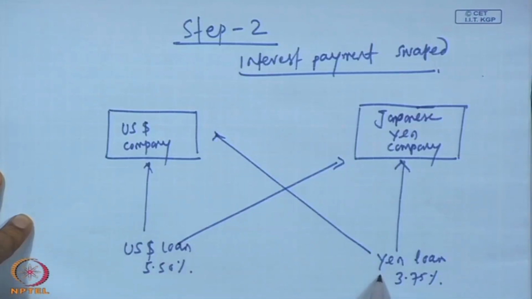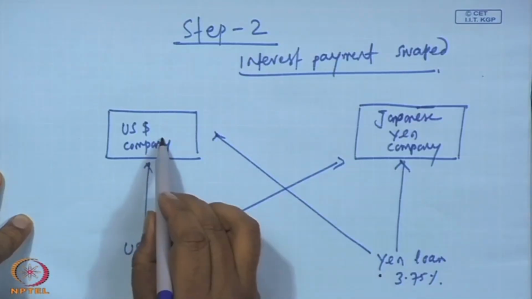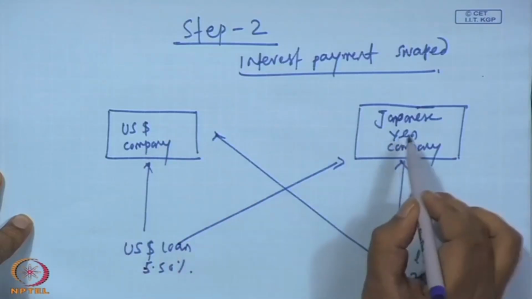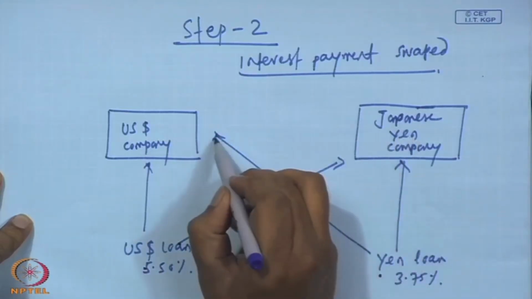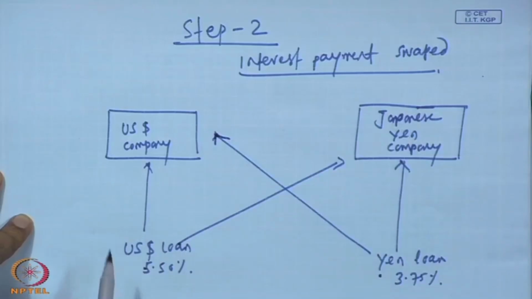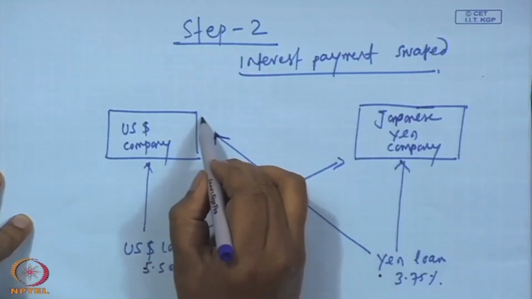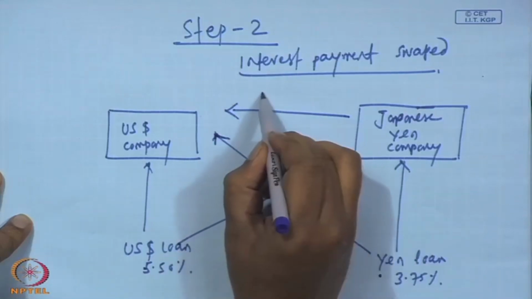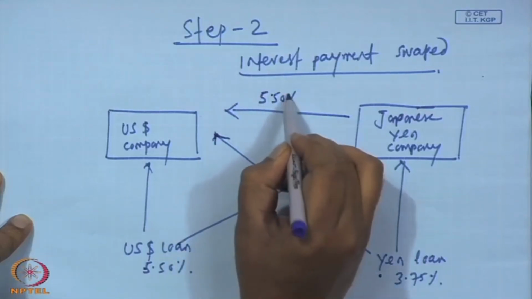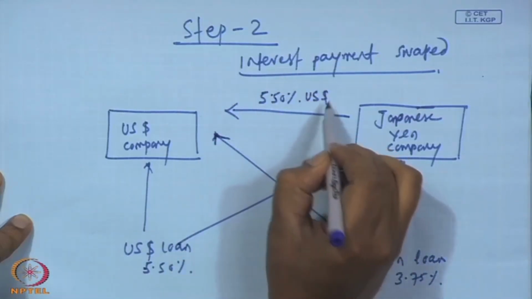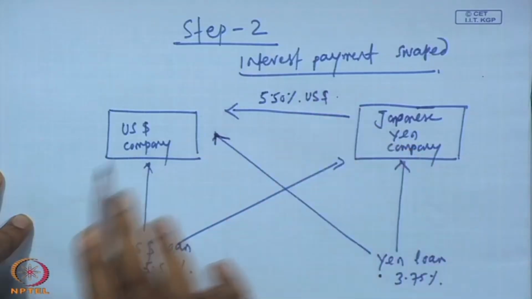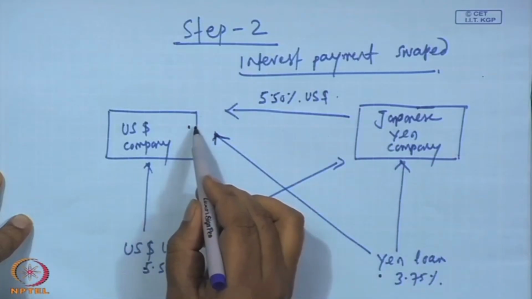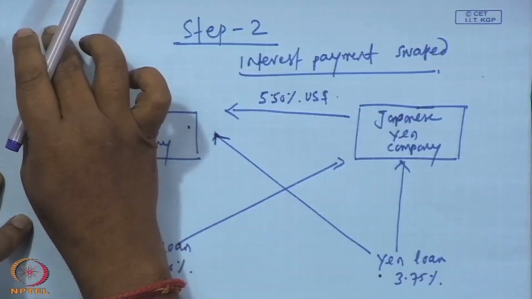For the yen denominated loan, the US company will pay the interest. For the US dollar denominated loan, the Japanese company will pay the interest. So, here the transaction will be just reverse. The Japanese company will pay 5.5% US dollar denominated interest, transfer it to the US company, and the US company will pay it to the respective financier.